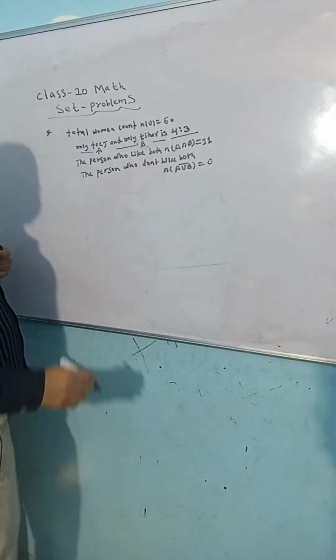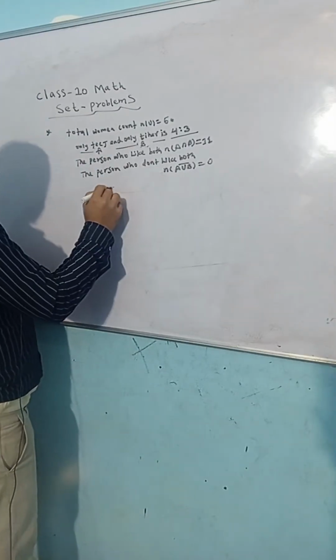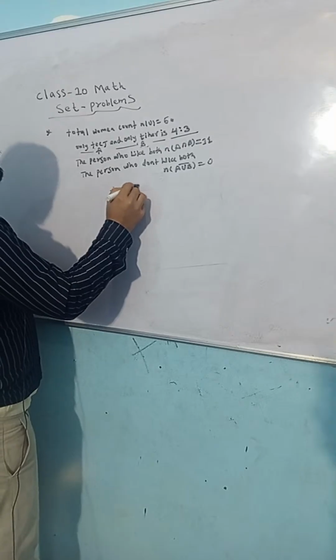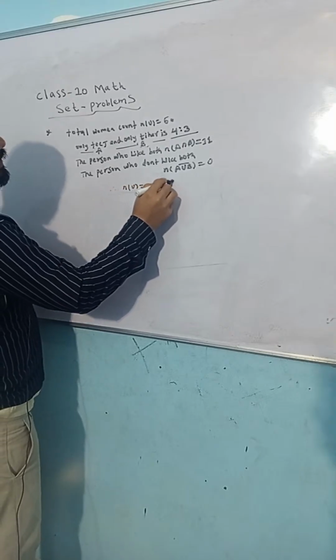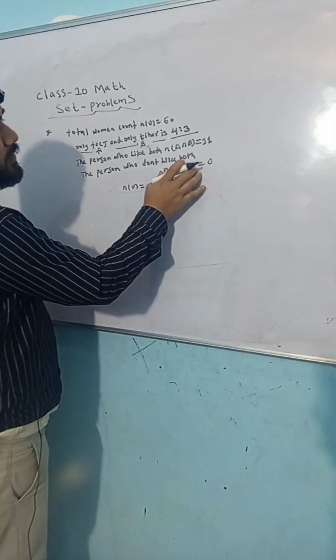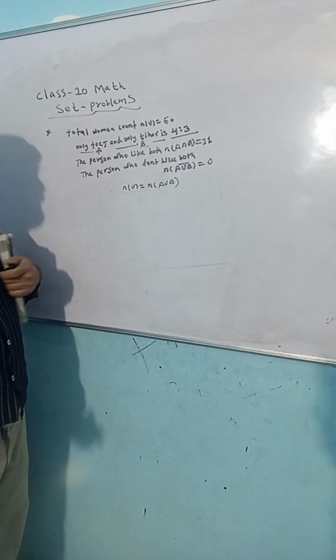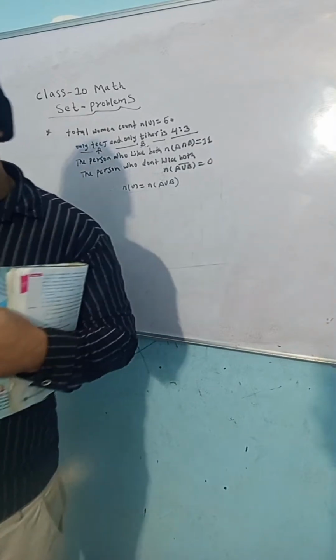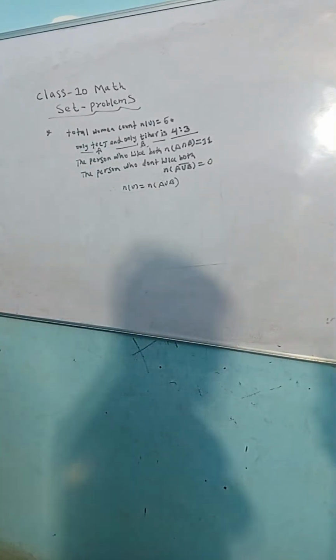In that case, if this is not there, what can we assume? n of U equals n of A union B. This is the condition, guys. If it is not there, then n of U and n of A union B are the same. We don't have any person who doesn't like both.